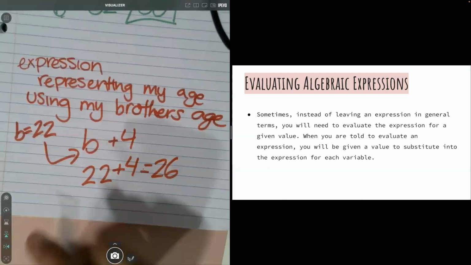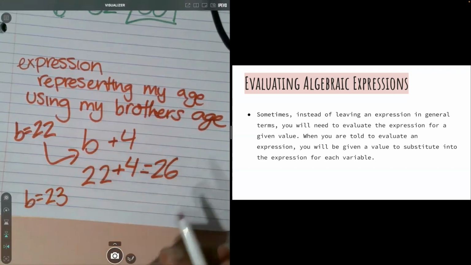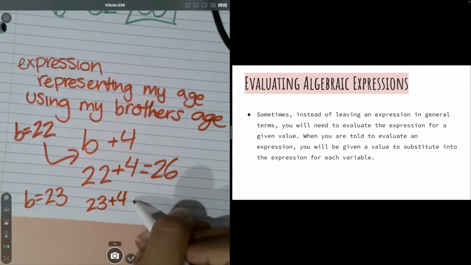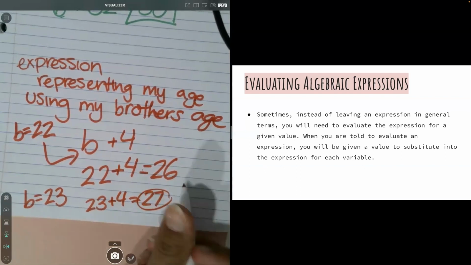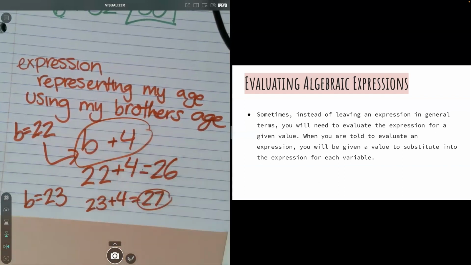And if I say next year, when my brother turns 23, let's say, well, 23 plus 4 equals 27. Next year, I'll be 27. So these are particular instances, but this is the general expression that represents that relationship between data, being my brother's age and my age.